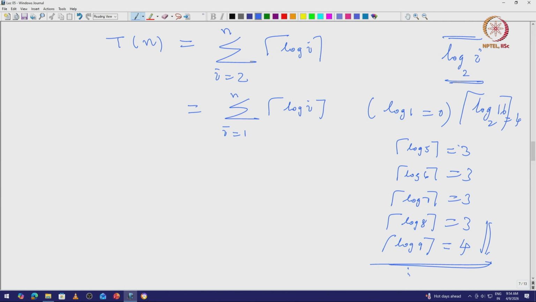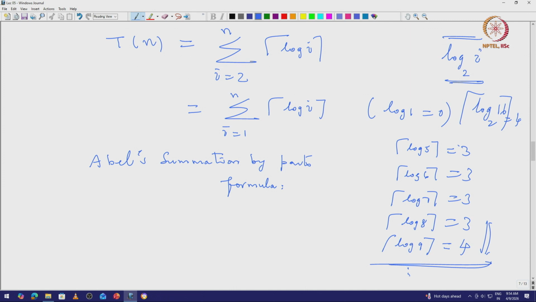Okay. This observation allows us to apply Abel's summation by parts formula. In fact, the continuous version of it is integration by parts.